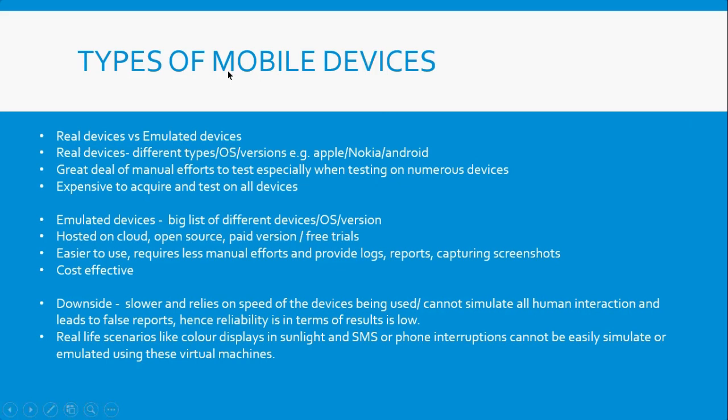Now we are going to be moving on to types of mobile devices. We have real devices and we have emulated devices. The reason why we have emulated devices is that, for instance, let's say you're on a project, let's call the project Gift Rate, and you are developing an application, and the requirement is for you to test the application over a variety of mobile devices.